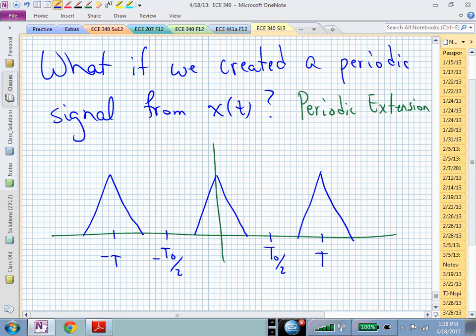We can make an infinite number of these, can't we? We just have to draw three dots. And we have it. Now we have an infinite number of these, and we can't call this x of t anymore. But we can call it x, let's say, sub t naught. Now that's our period that we've created, where it had to go a little bit beyond where we were non-zero and then start over.